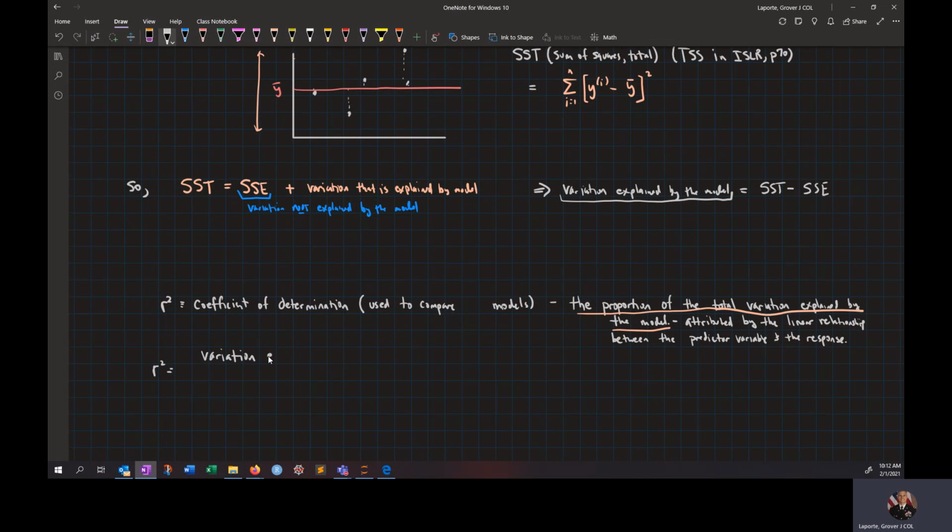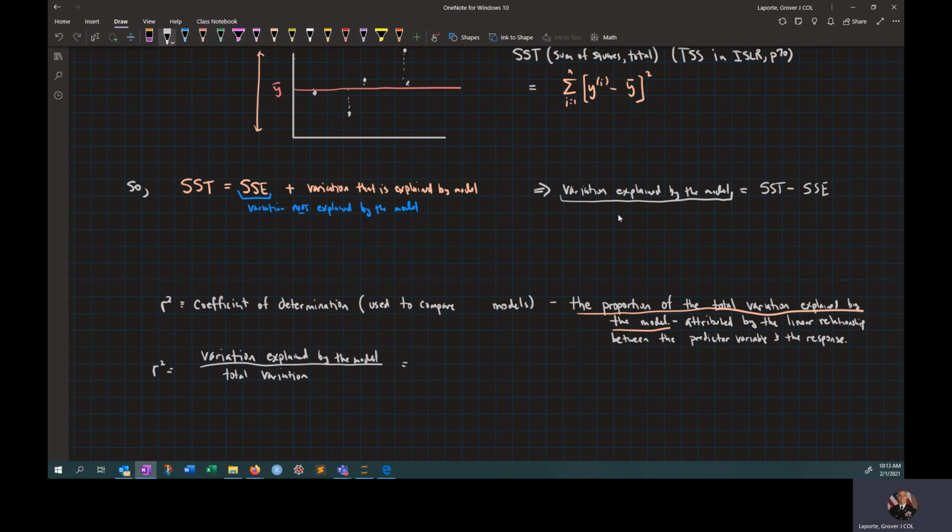So the variation explained by the model, divided by the total variation. What is total variation? That's SST.